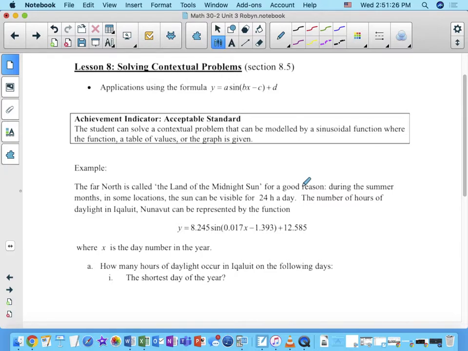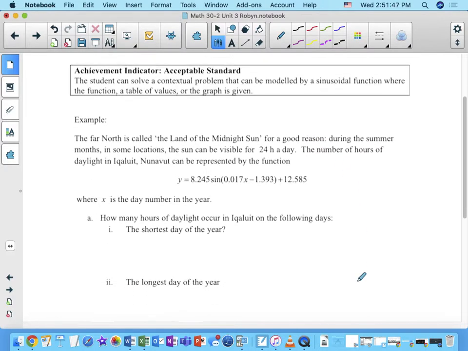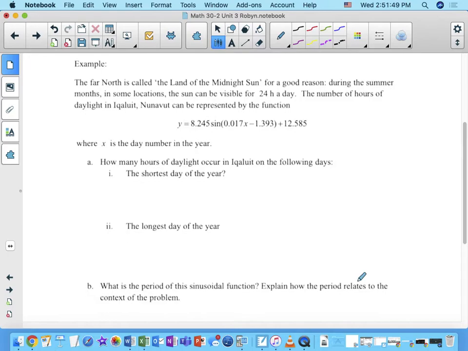But we're going to go more in depth here, and we're actually going to look at the equations, because now we know a little more about what these a, b, and d values mean. So we can dive a little deeper.